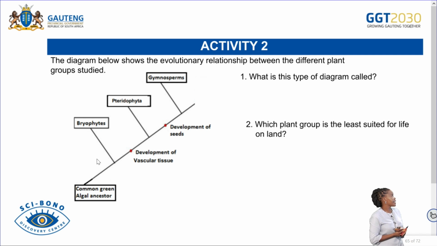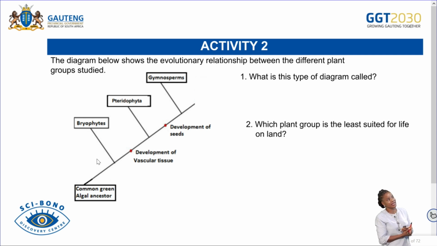Second question, the diagram below shows the evolutionary relationship between different plant groups studied. So we've got the common ancestor, which is the green algae, and then we've got the bryophytes, the pteridophytes, as well as the gymnosperms.